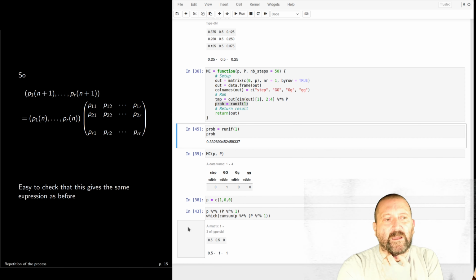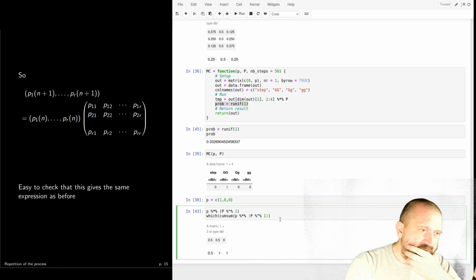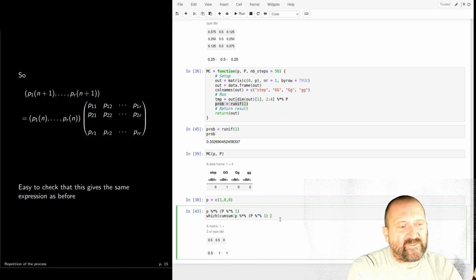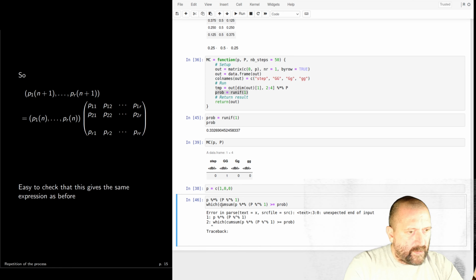I'm going to get rid of everything that I don't need in this thing here. So I want to know which of the cumulative sum terms is, so what do I want to say? So this is always, you'll see, it'll take me a while to get it. Greater than or equal to prob. Forgot cumsum.